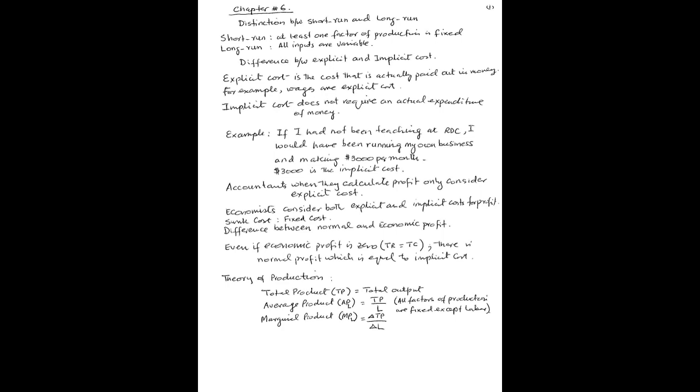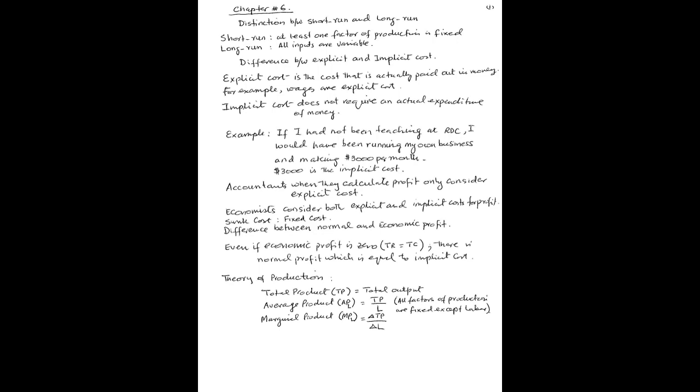Now, once you know the difference, I'll solve one example for explicit and implicit costs, so don't worry. Accountants, when they calculate profit, only consider explicit cost. They do not consider implicit costs. They simply subtract all explicit costs from their total revenues and get accounting profit.